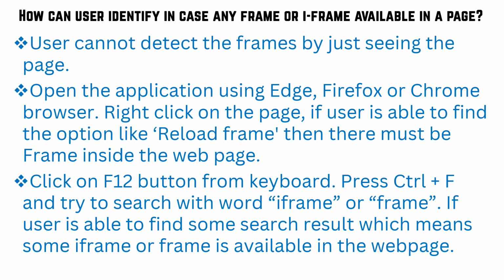In case the tag name is starting for any element with frame or iframe, then it certifies that a frame or iframe is available inside the page. And in case some element is inside the frame or iframe tag, then you need to handle the frame or iframe first. After that, you can interact with the element.